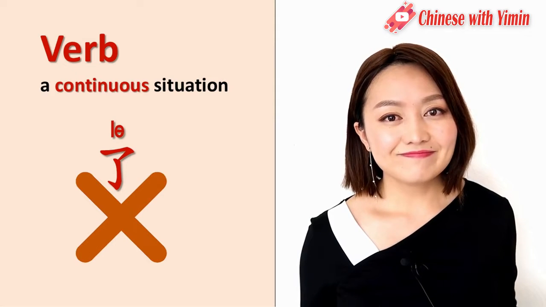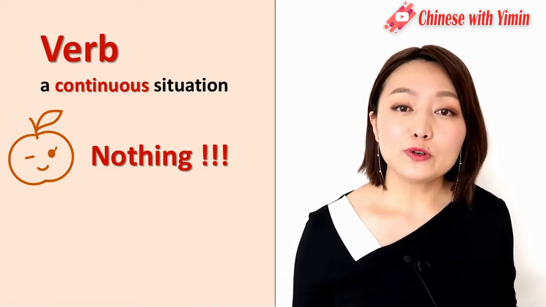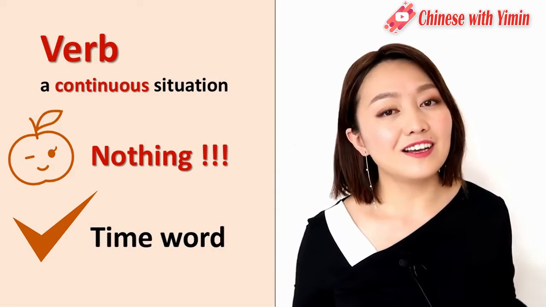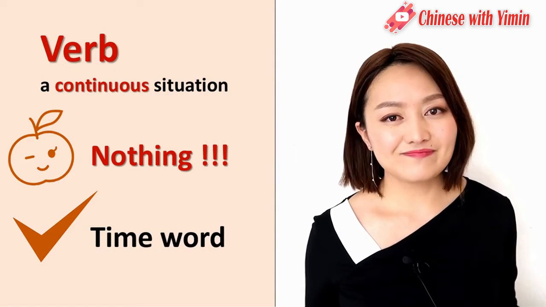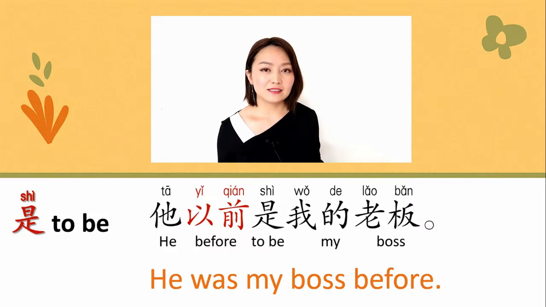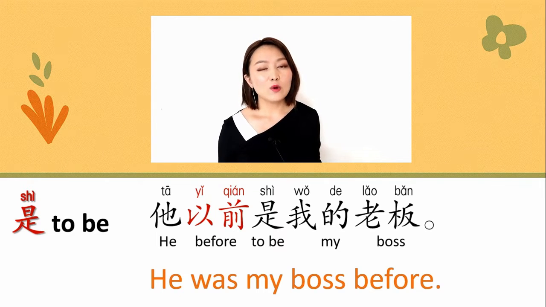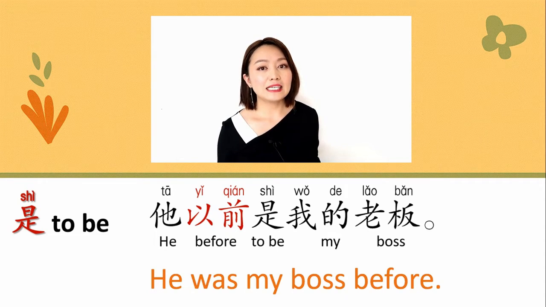So what do we need? The answer is nothing. You just need to put the time that the action happened in the sentence, and the sentence becomes logically understandable. So you don't need any mark or anything else. For example, 是, to be. 他以前是我的老板. He was my boss before. This sentence is past tense because we put the time word 以前 before the verb.